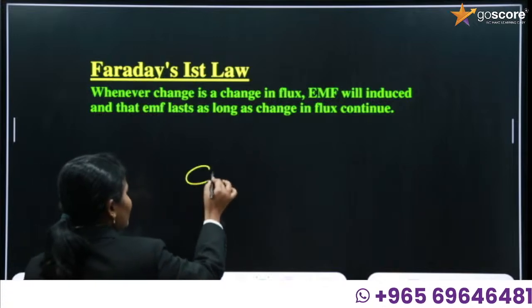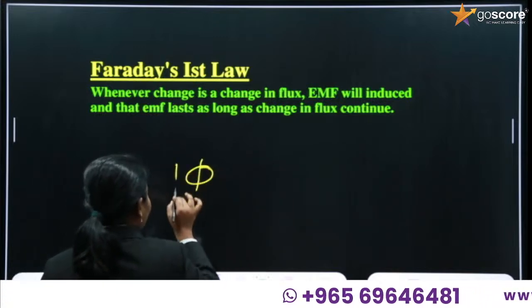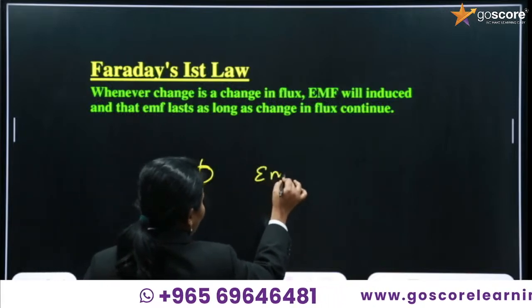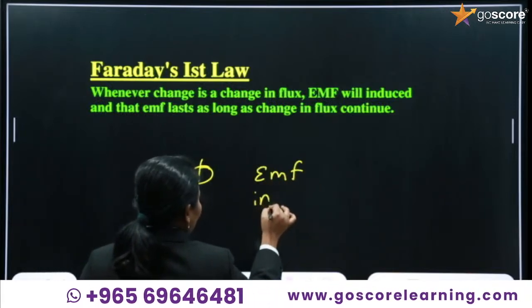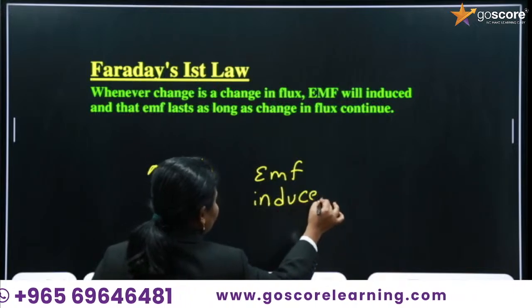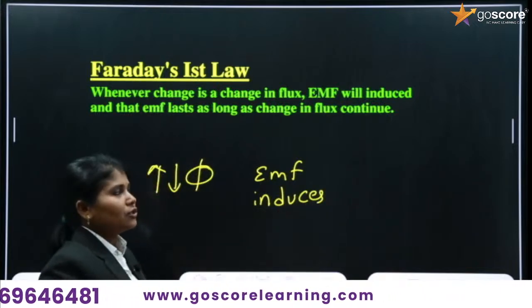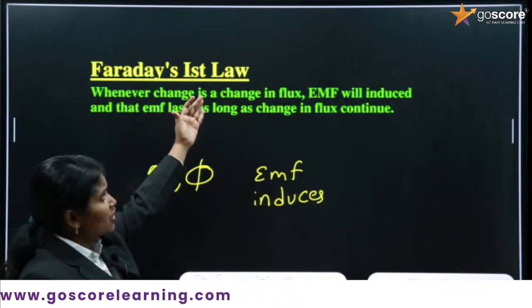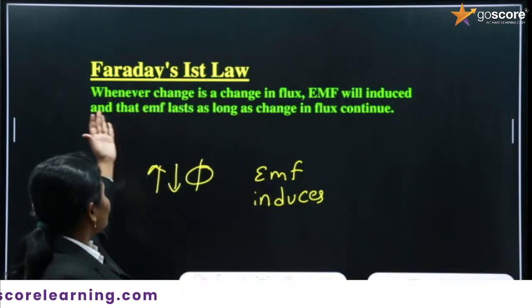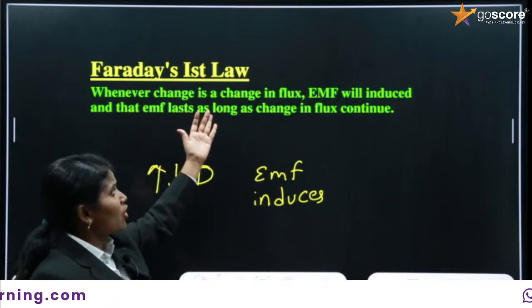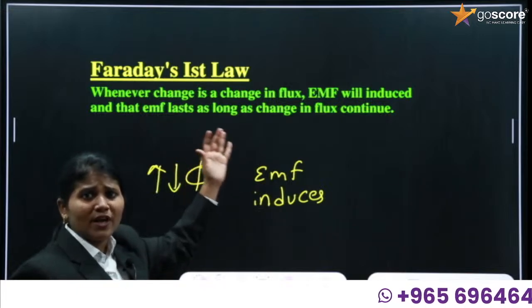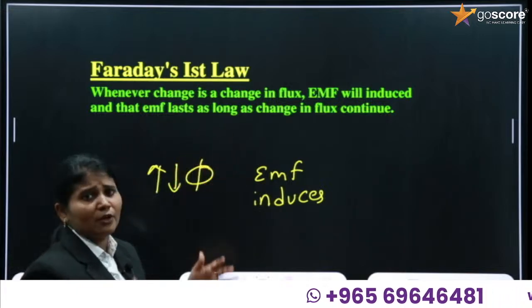It means flux will either increase or decrease. So what is the first law? Whenever there is a change in flux, EMF will be induced, and that EMF lasts as long as the change in flux continues.